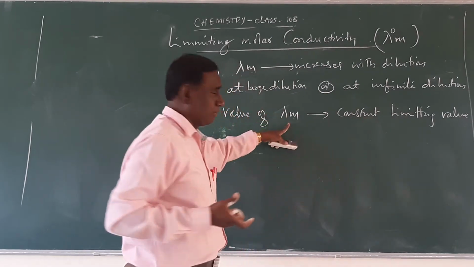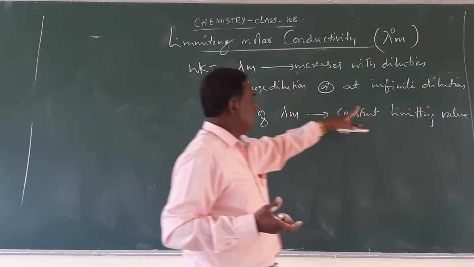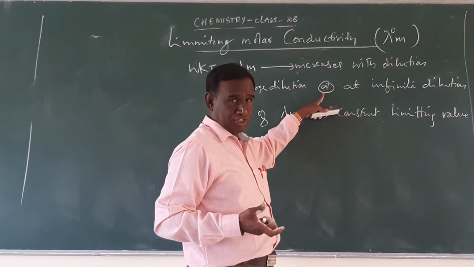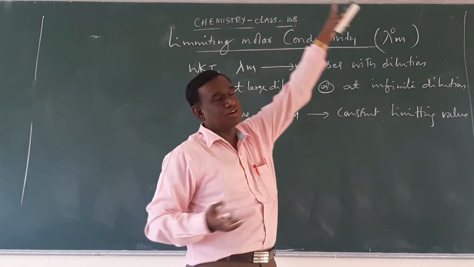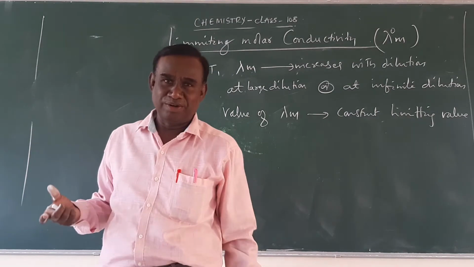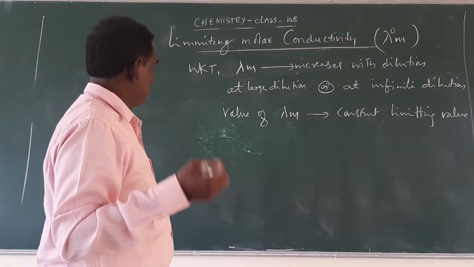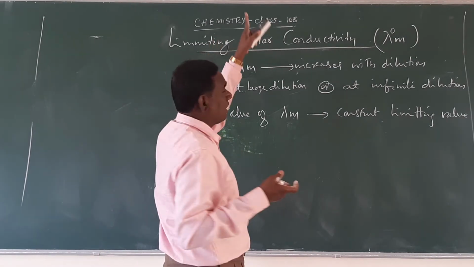This limiting value of molar conductivity at infinite dilution is called the limiting molar conductivity, lambda naught m. That means limiting molar conductivity is nothing but the molar conductivity at infinite dilution.